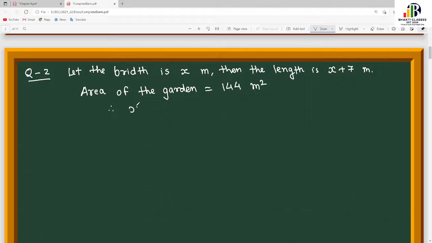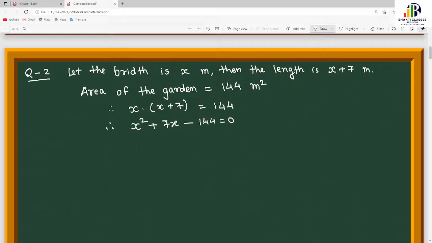That means x into x plus 7, because the area of the garden is nothing but the length multiplied by breadth. So area of the garden x into x plus 7 is equal to 144, which gives x square plus 7x minus 144 is equal to 0.